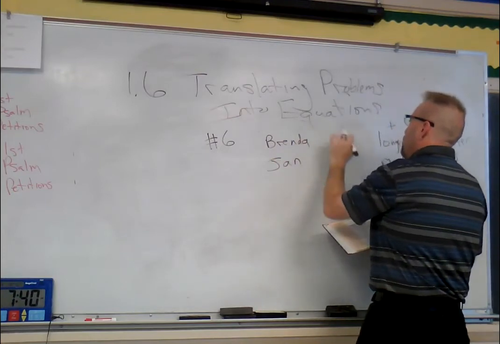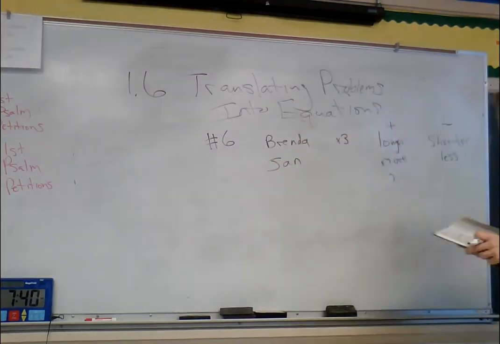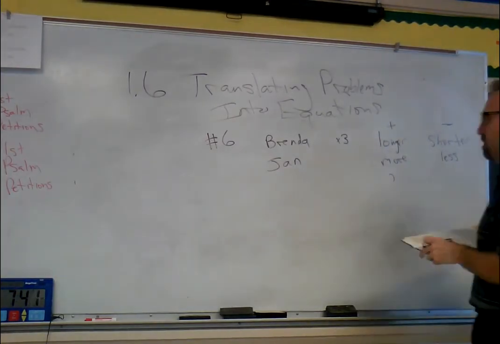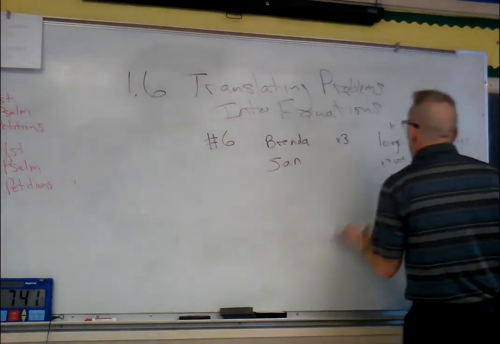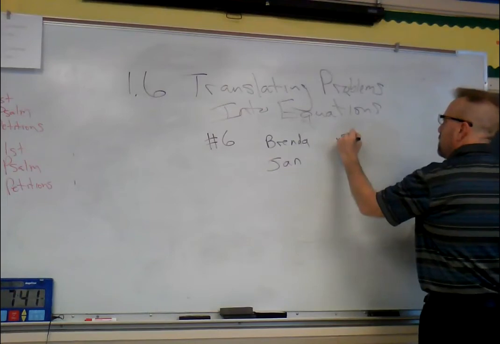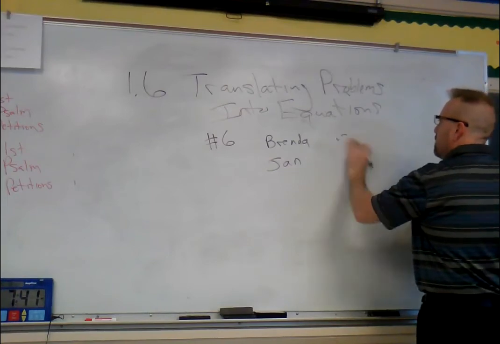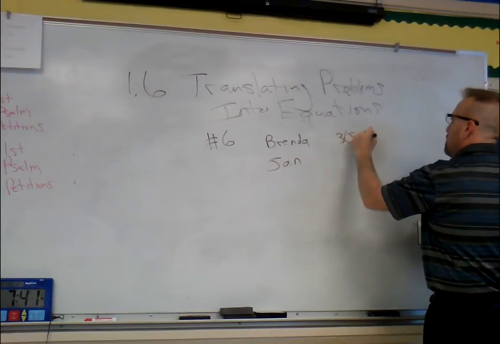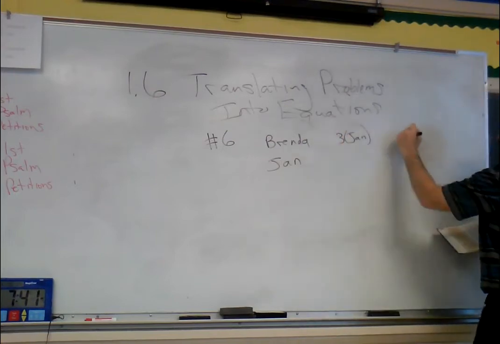She went 3 times as far. And then Brenda drove 24 more miles than Jan. So I'm going to write down 2 things. So 3 times Jan. And she also went 24 more than Jan.